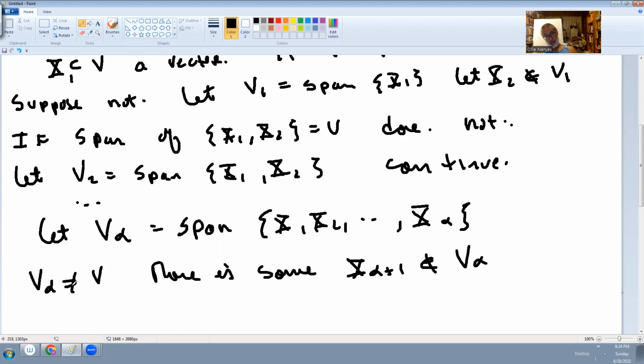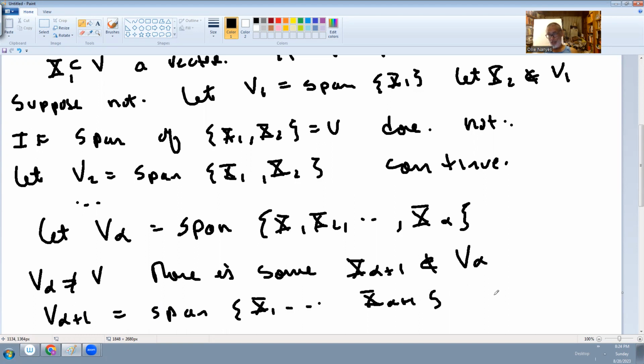So you might have to repeat this process for the so-called limit ordinals, but there's an immediate successor. So you can't talk about alpha minus 1, but you can talk about alpha plus 1. So let this not be in there, and let V alpha plus 1 equal the span. Now we're going to start at X1 and go all the way out to X sub alpha plus 1. And just continue.